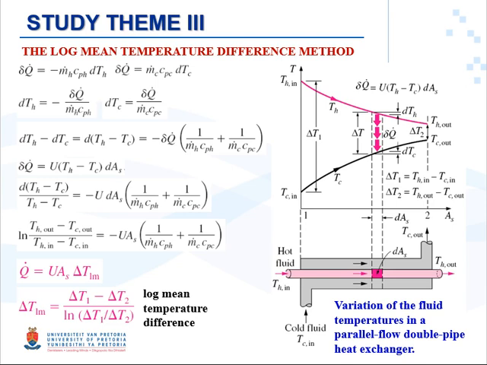By measuring all the temperature differences you see here, the delta T1, delta T2, and also making all the assumptions that I mentioned earlier for analysis of heat exchangers, we say that for the differential section shown in this figure, we want to write the differential energy balance.